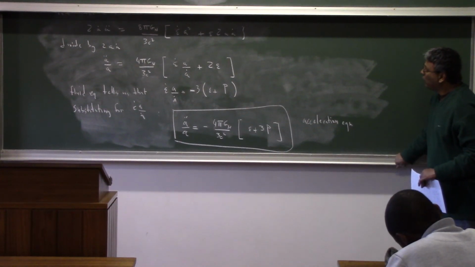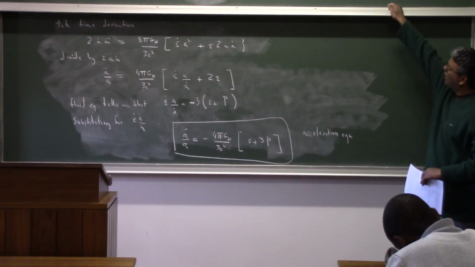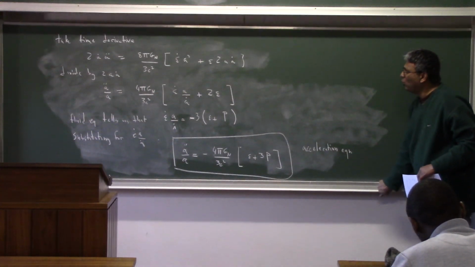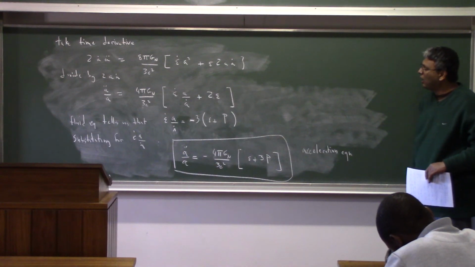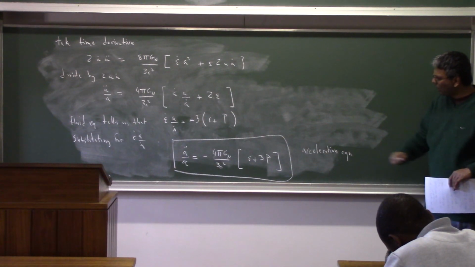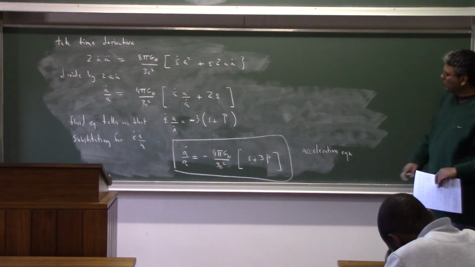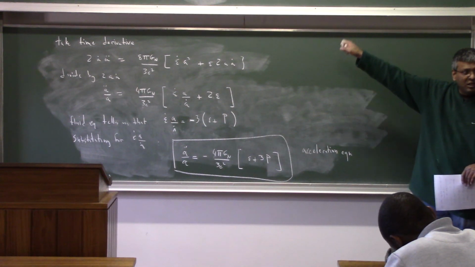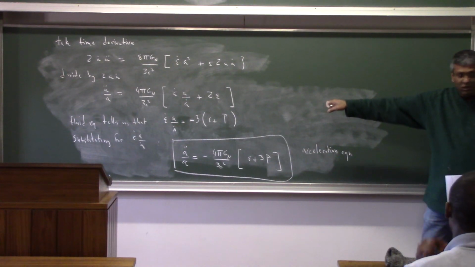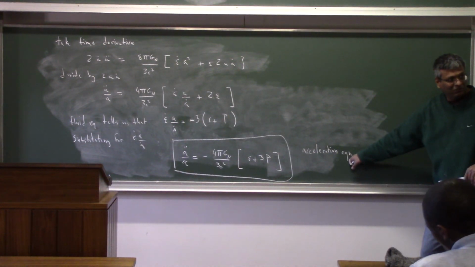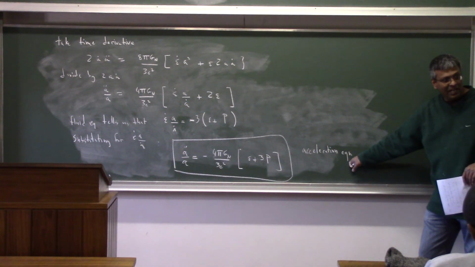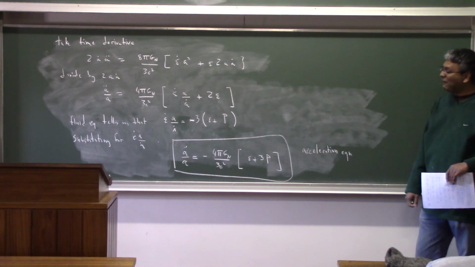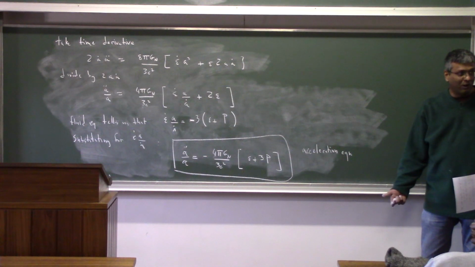Okay, so we had the Friedmann equation from general considerations of energy conservation. We had the Friedmann equation, and we had the acceleration equation now. Notice we derived the acceleration equation starting from the Friedmann equation and using the fluid equation. So there's no new content here. All the content in this equation is already in the Friedmann equation and the fluid equation. So we only have 2 independent equations so far.